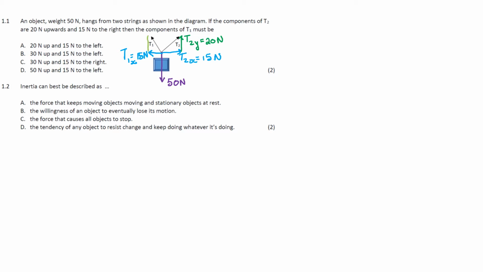So the net Y component up must cancel out the 50 newtons down. So T1's Y component must be 30 newtons, because the 20 newtons of T2 and the 30 newtons of T1 add up to 50 newtons up.